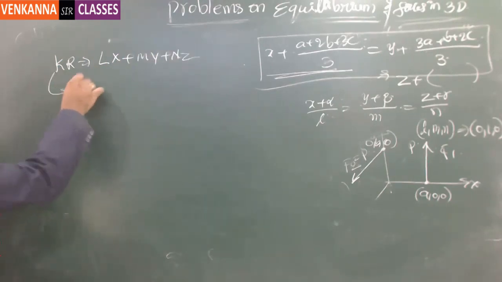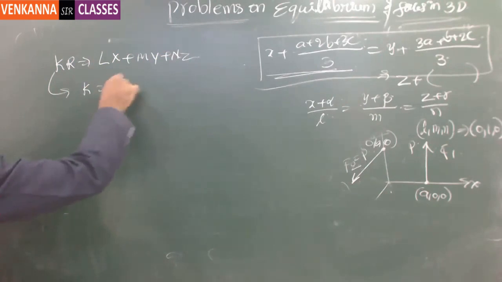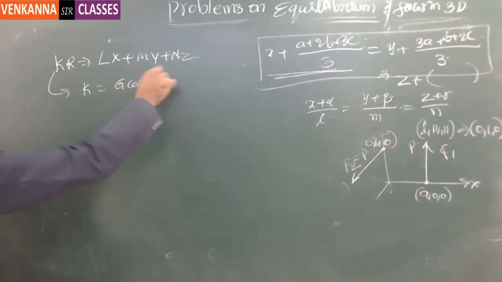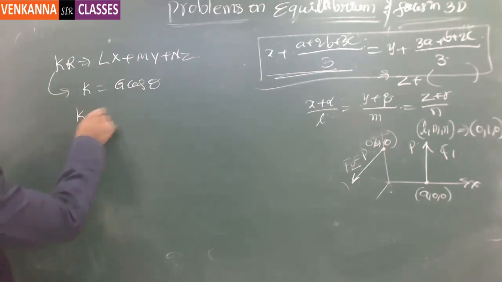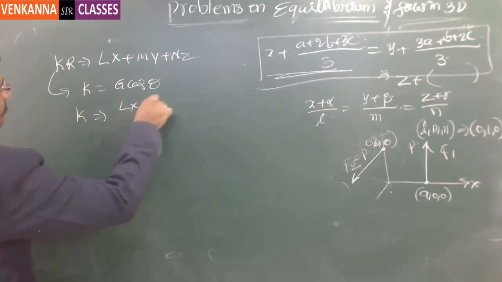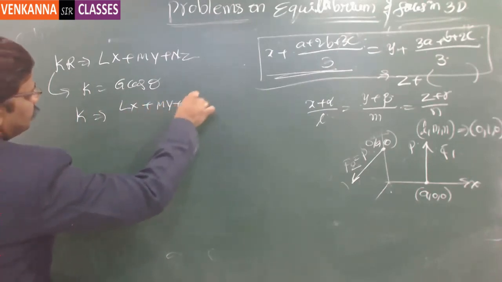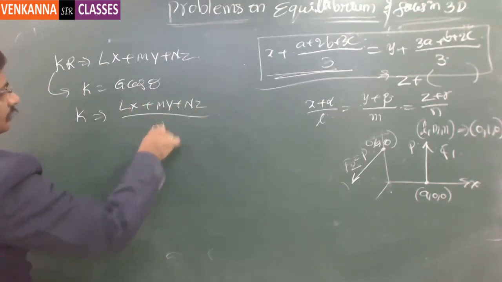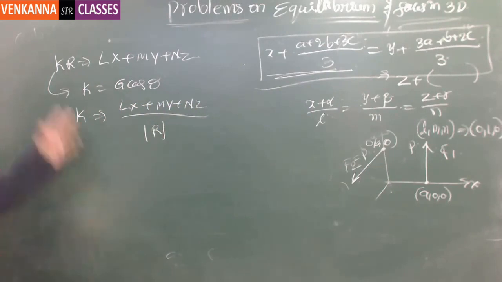This K is nothing but G cos theta, which we have already calculated. So this K value we can find out: K is equal to (L x plus M y plus N z) divided by R, where R is the modulus. I hope you remember this.